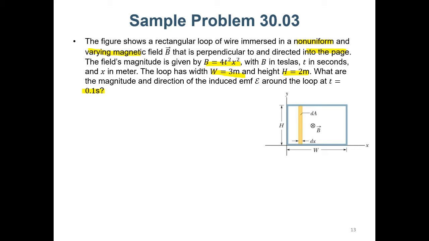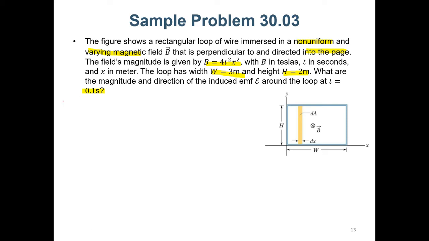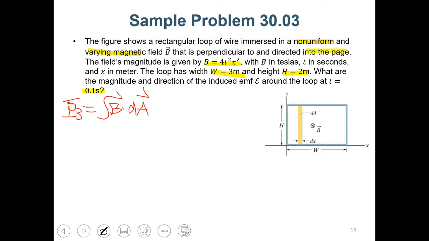Now it is not a constant B field over the loop anymore. So we need to use integration rather than just a simple multiplication. So phi B should be this one, using the definition of the magnetic flux.